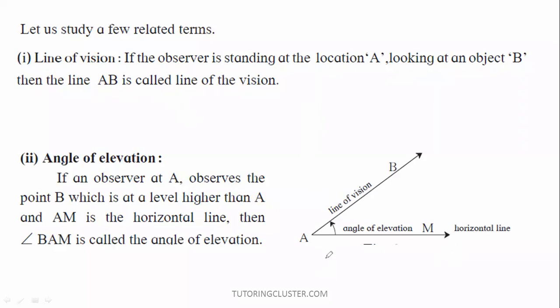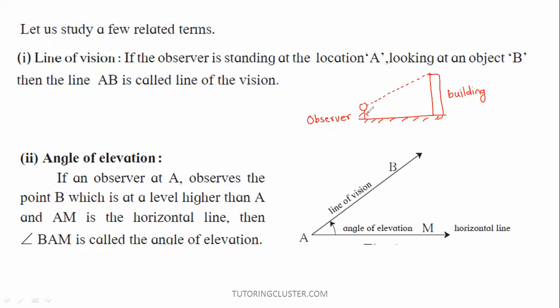For example, let's say this is the ground and the observer is standing here. Let's say there is one building. Now assume that this observer is looking at the top of the building.